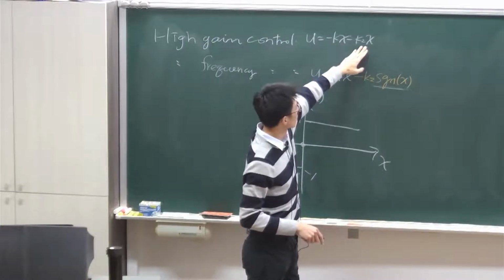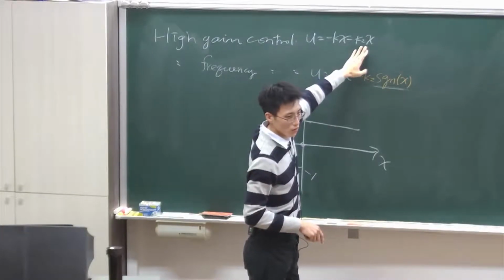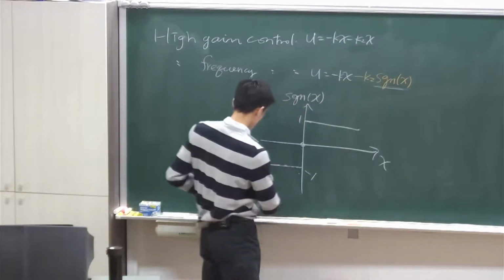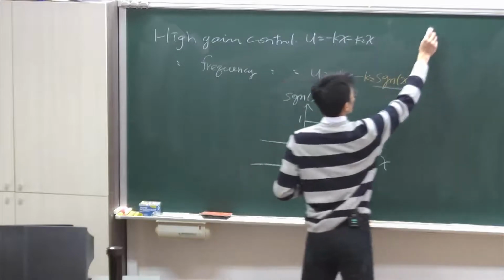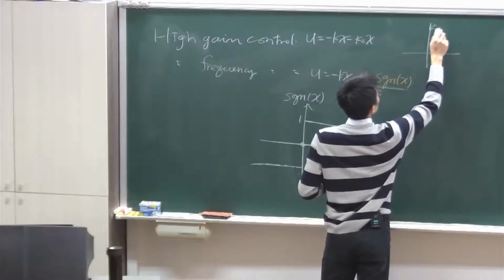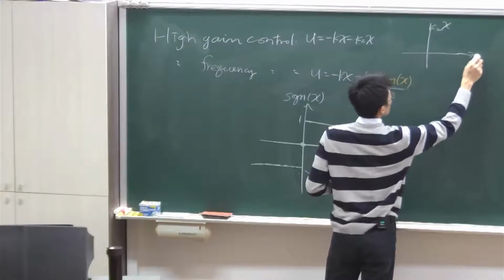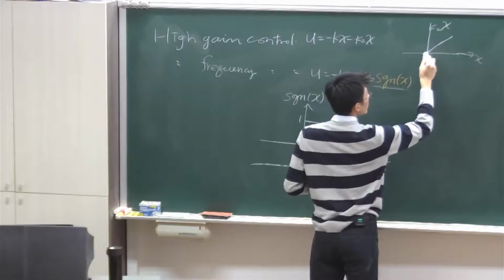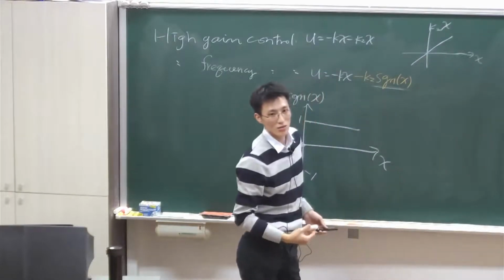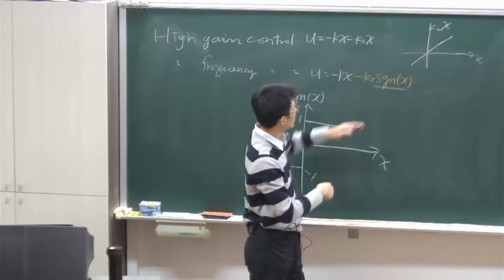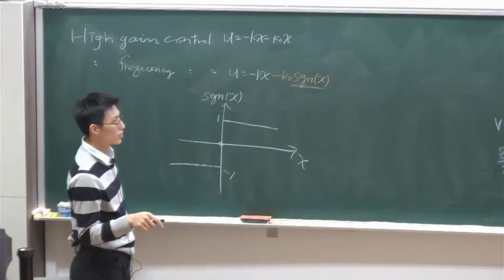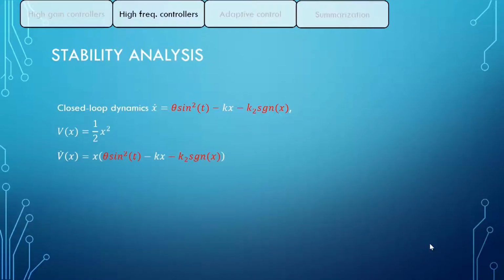With K2x, x depends on the switch; it's continuous. Here it is discontinuous. So when you substitute the control into the system, you get the closed loop dynamics here.